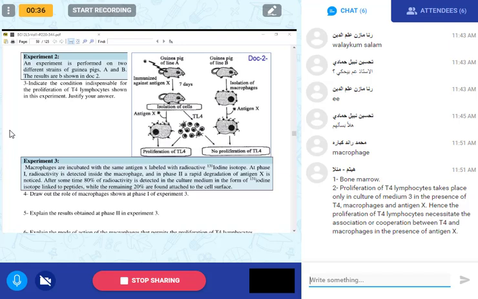Then, okay, from B, we put antigen to the macrophage and we add to the macrophage of B, pay attention, we add to it T4 from A. T4 from A.